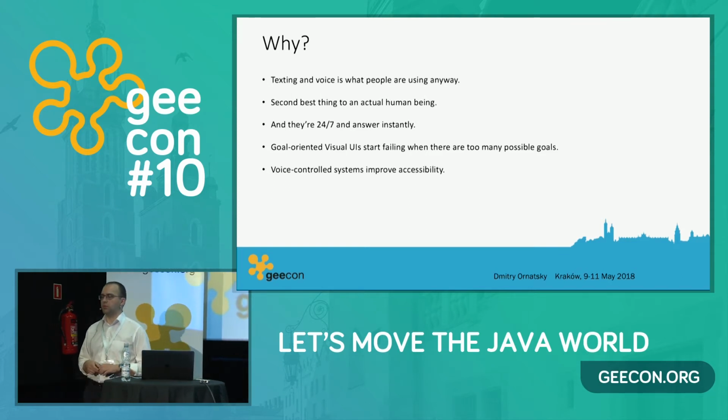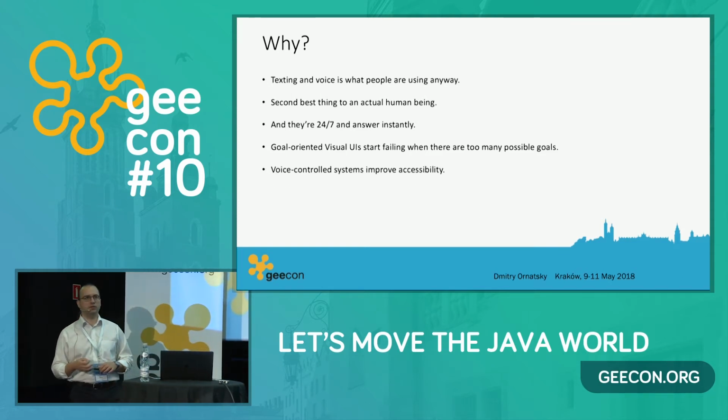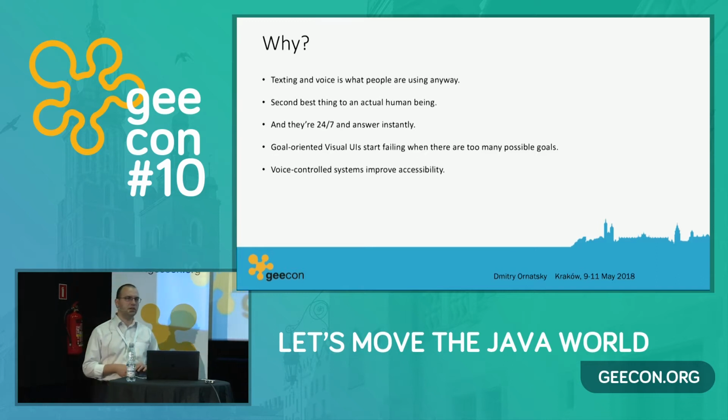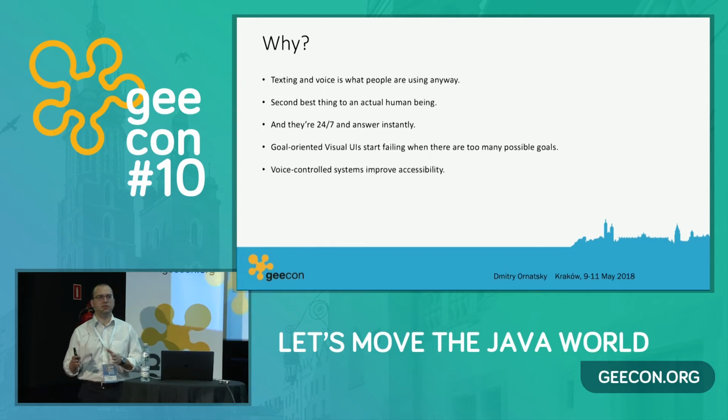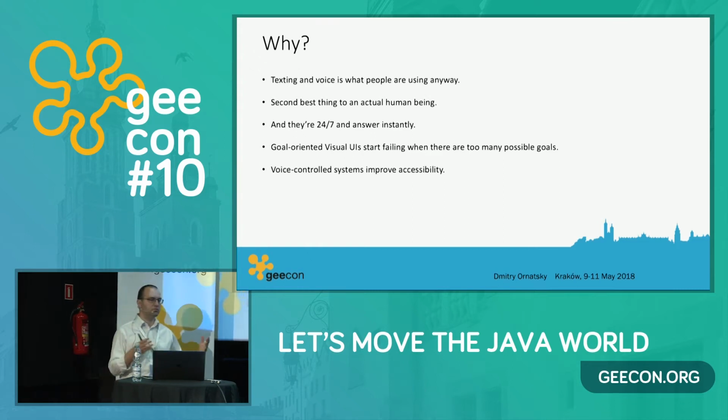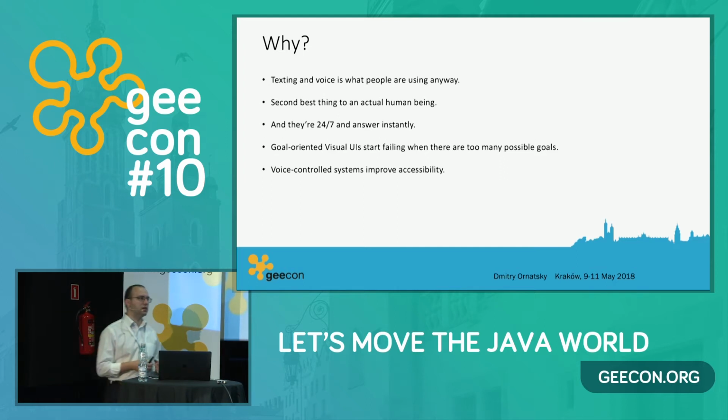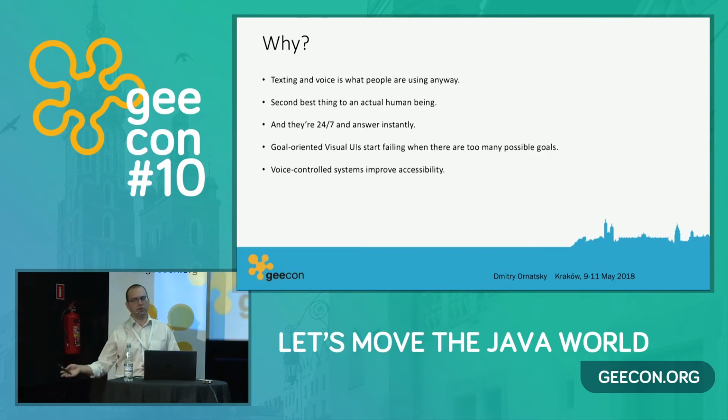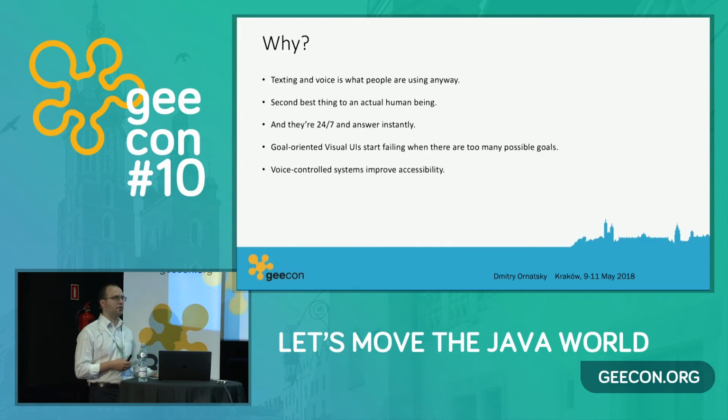One problem with traditional web UIs and visual UIs in general is that as your system becomes more complex, there are non-mainstream use cases that are very hard to discover. We all know how to shop on Amazon or any other retail website. They're all pretty similar in appearance, right? We know how to place our order, there is a shopping cart, there is a checkout button, and so on and so forth.